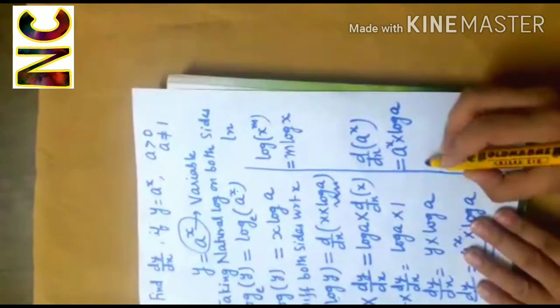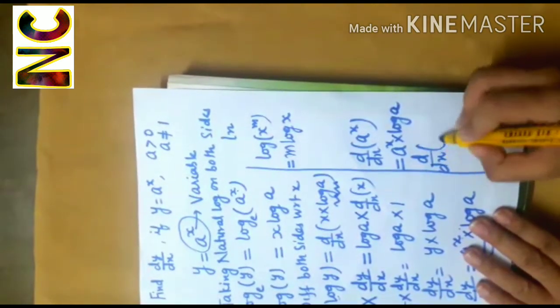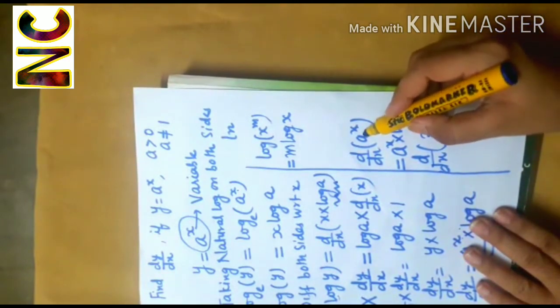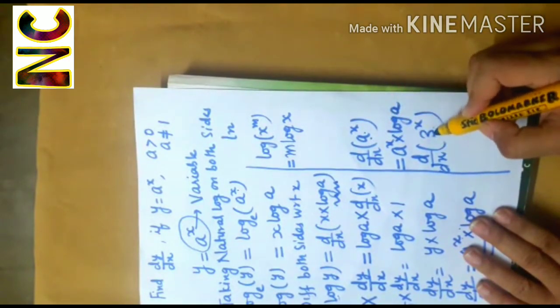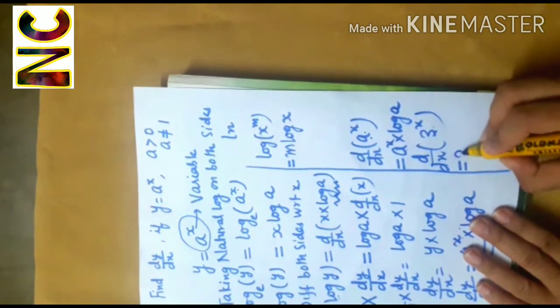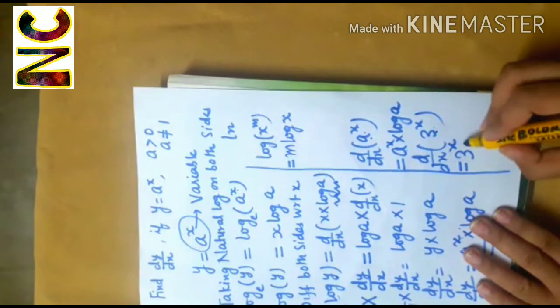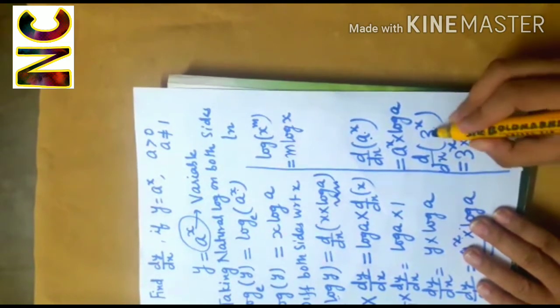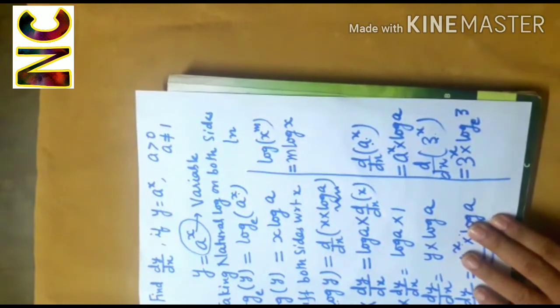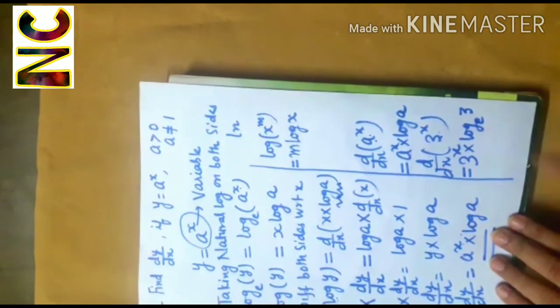That means, if I ask you, what is the derivative of 3 raised to the power x? It is of this form. Role of a is being played by 3. So its derivative will be 3 raised to the power x into log a. Log a means log 3 and it is natural log, that is to the base e.